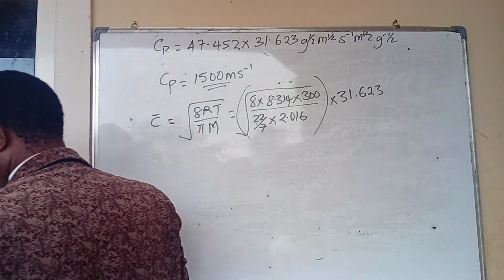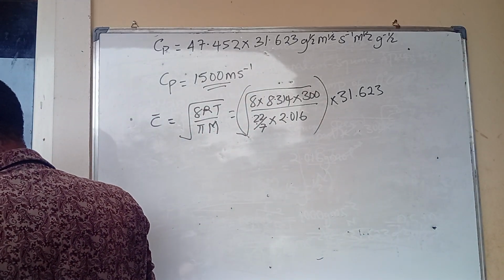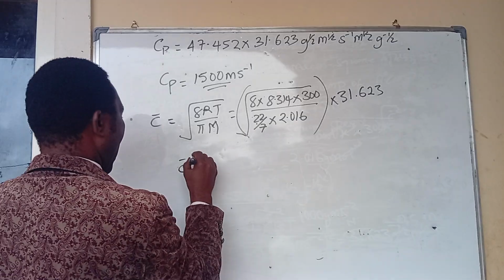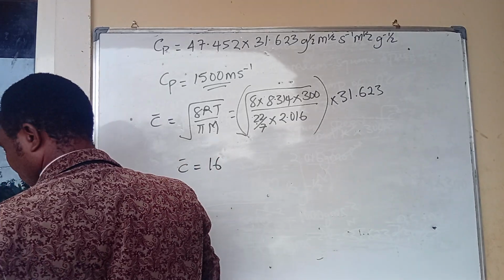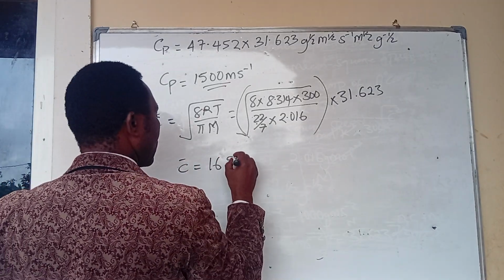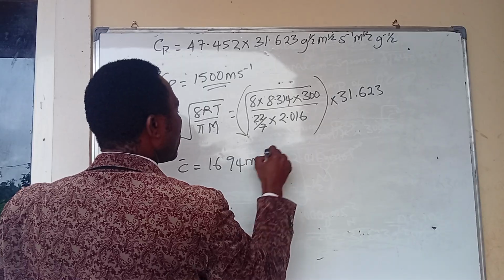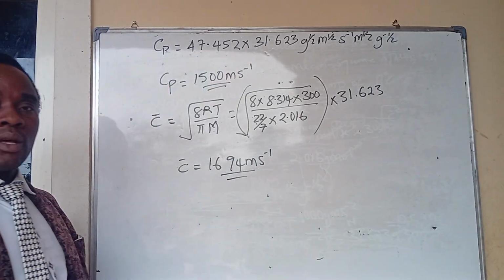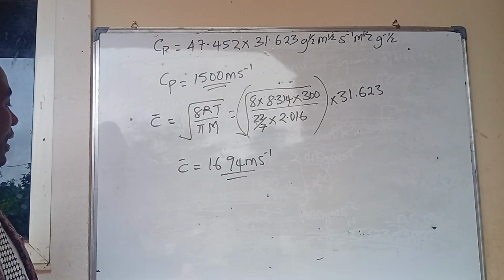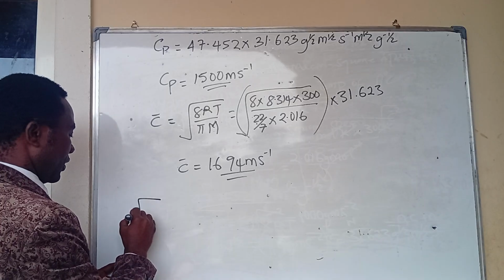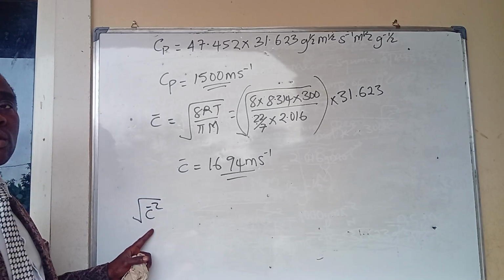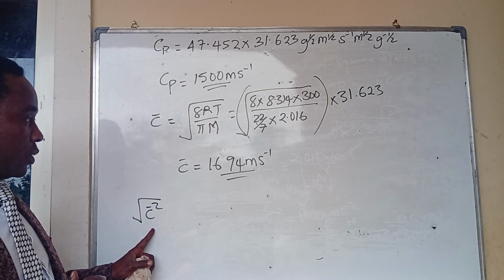Now, what is the answer? Using calculator, we have C bar to be 16.94 meters per second as the answer. Then the last is C bar square, which is the root mean square speed.